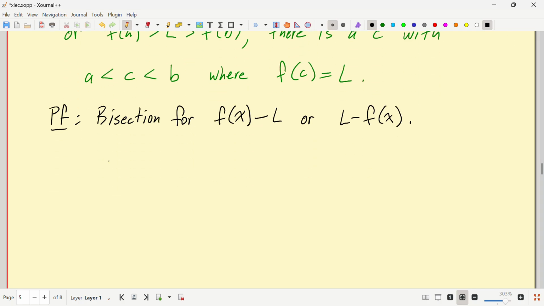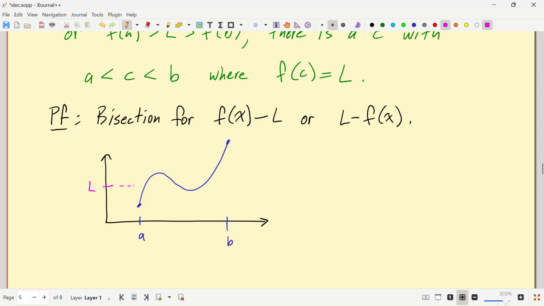So the picture, of course, is, let's think of some pictures. There's an A, here's a B. Here's a spot where the intermediate value is attained 1, 2, 3 times.